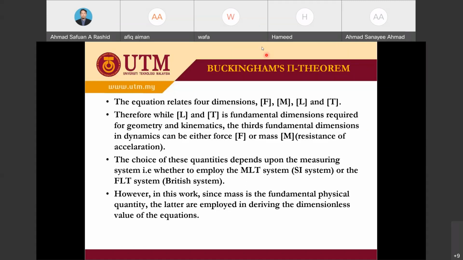However, in this work, since mass is the fundamental physical property, the latter are employed in deriving dimensionless values of the equations. So in that case, this researcher used the FLT rather than the MLT.